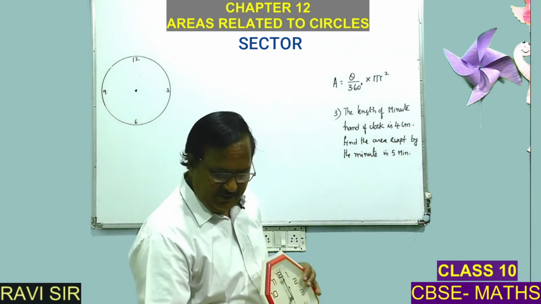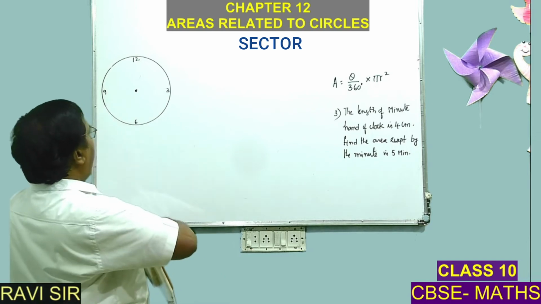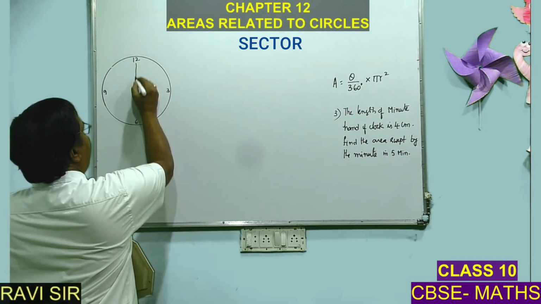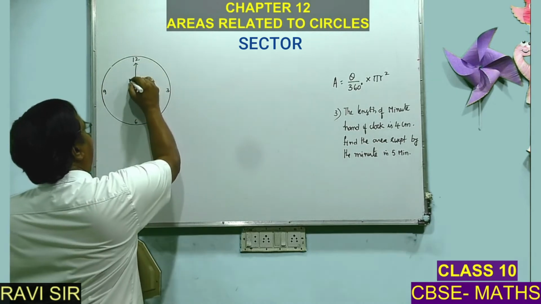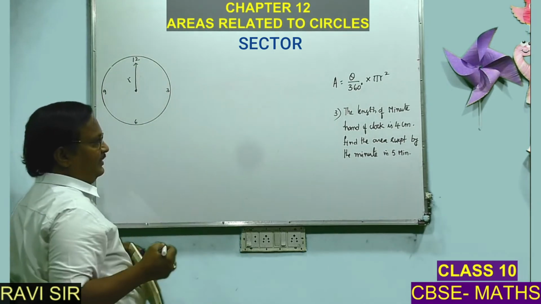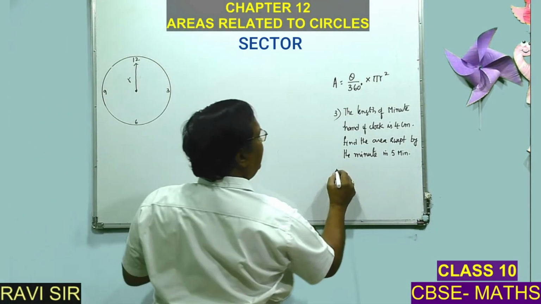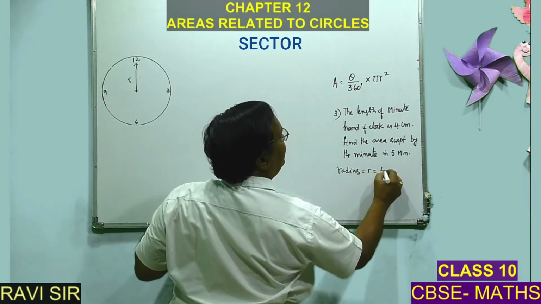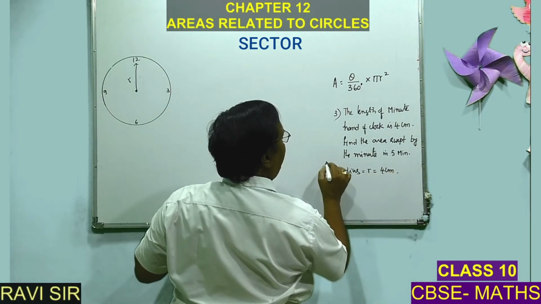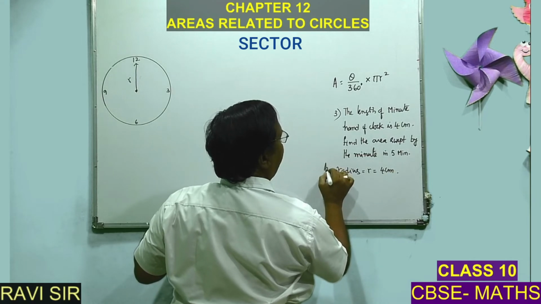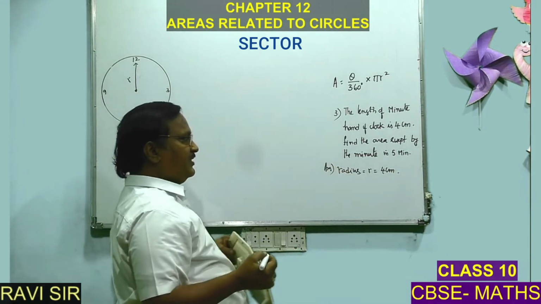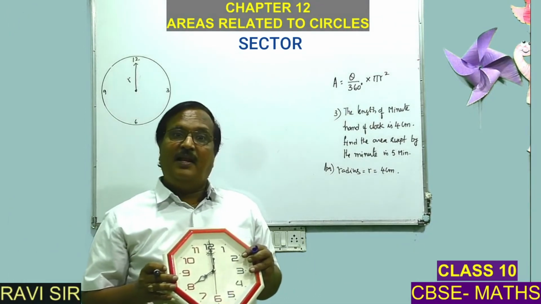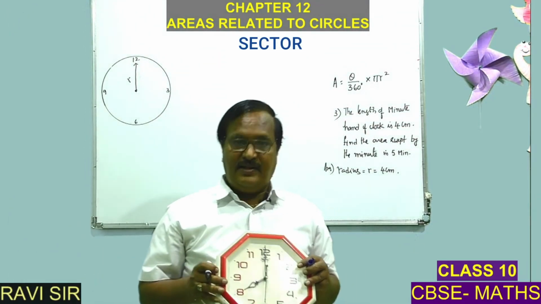So 4 centimeters, that means the length. If you look at this question, say I am drawing only the minute hand. This is the radius. We have to call it a radius. So right here, radius r is equal to 4 centimeters. This is the information. Whatever information is there in the problem, better write in short. So the length of the minute hand acts as a radius here.